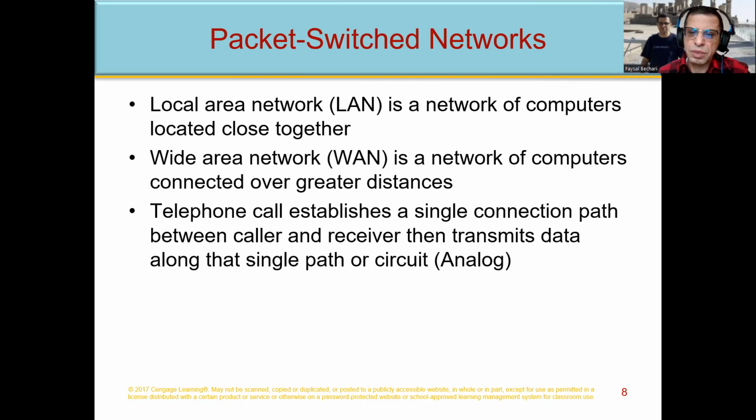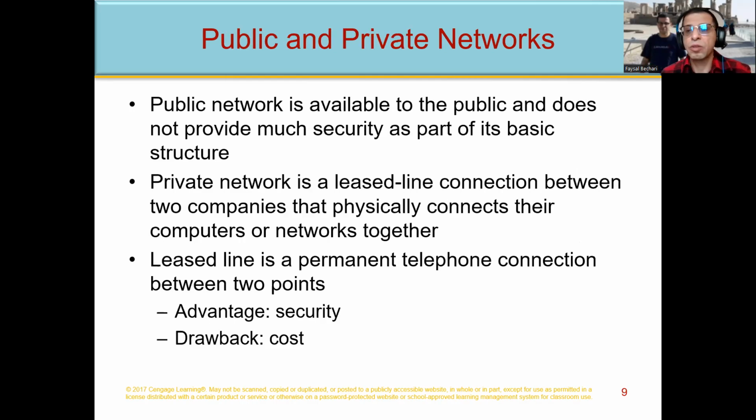A telephone call establishes a single connection path between caller and receiver that transmits data along the single path of circuits. We'll talk about how these things get connected through the towers and through the fiber optics.